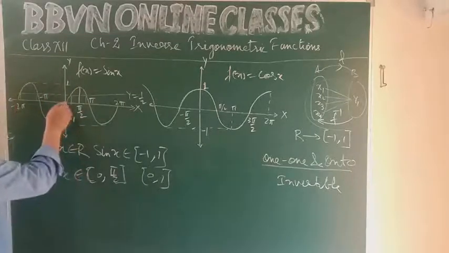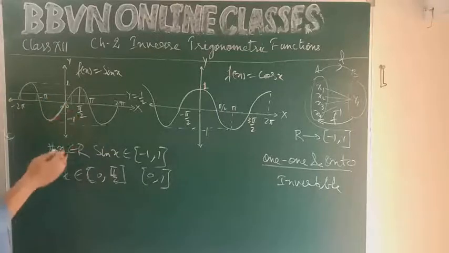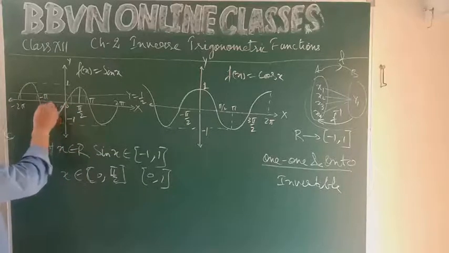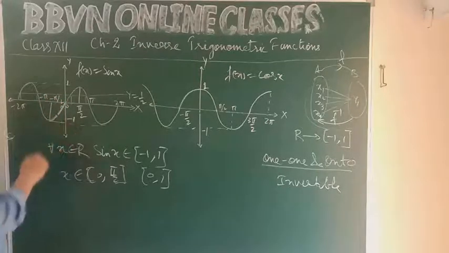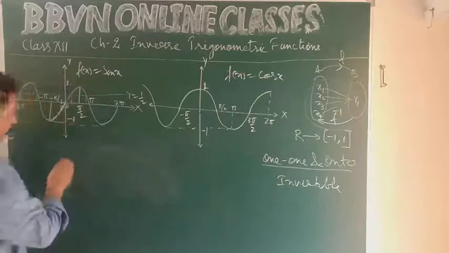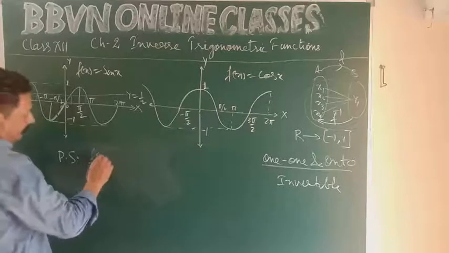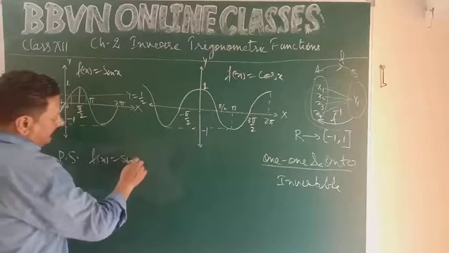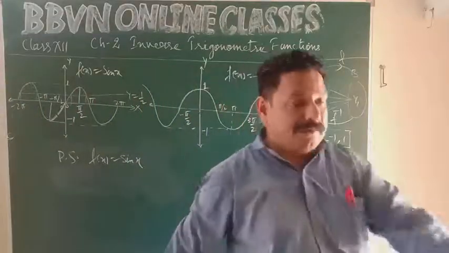So what I will do is come into the fourth quadrant, that is the negative, clockwise direction, minus pi by 2. At minus pi by 2, what is the value of sin x? Minus 1. In grade 11 you have done the principal solution of f of x equal to sin x. The principal solution is an interval of 180 degrees including the first quadrant.